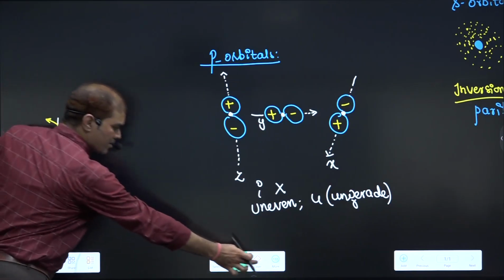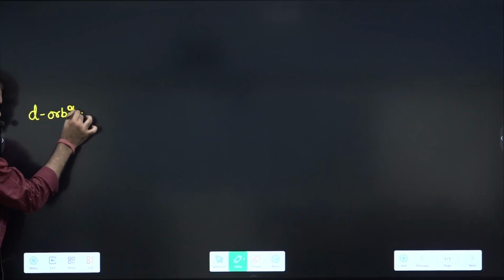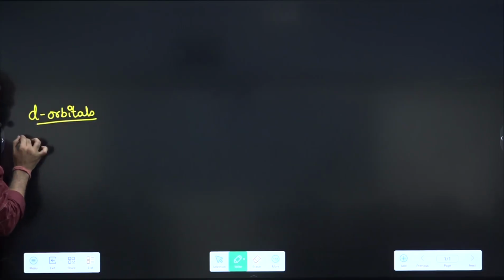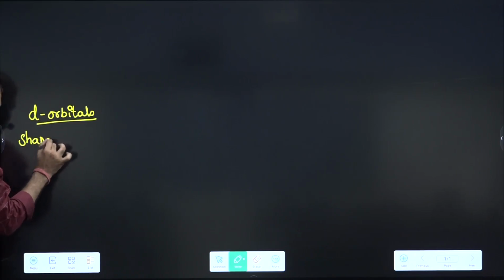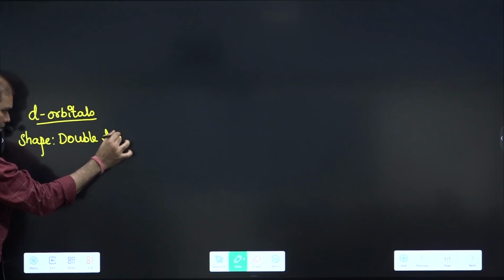How many d-orbitals? 5. Can you draw the d-orbitals? Shape, double dumbbell.